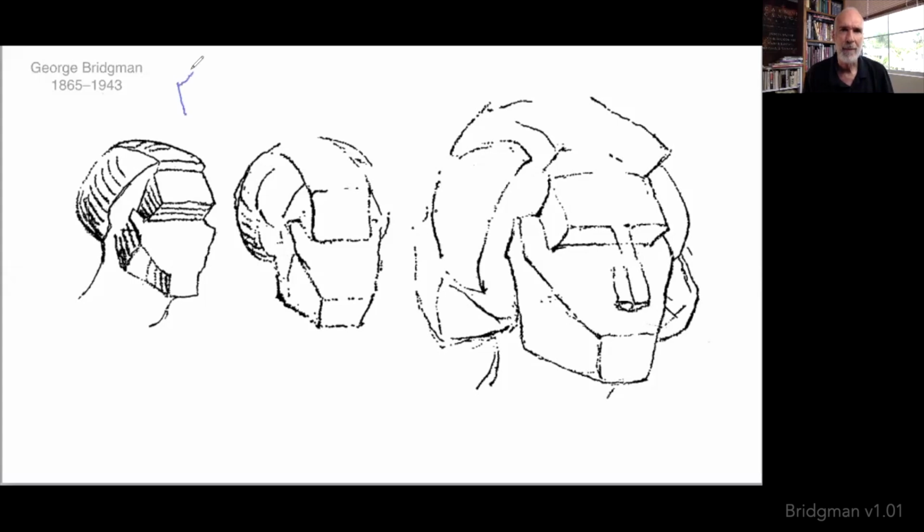Head structure for a forehead is the wedge. The forehead is a wedge of a block that is not as wide. It is not as wide as the cheekbones.